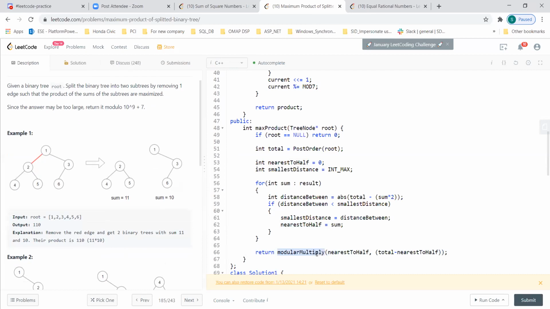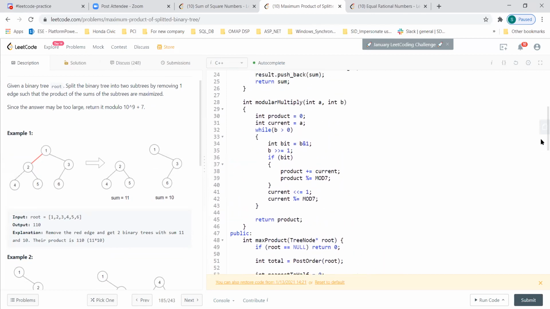and then he passes that as an input to this modular multiplication. Now you know that you have one number, so the other number you just subtract from the total, and you will get the other number. And this modular multiplication is a very simple thing. When we want to multiply a number, if this is our current number, which we have set to A, and then this is the B part, then we run a while loop till B doesn't become 0.